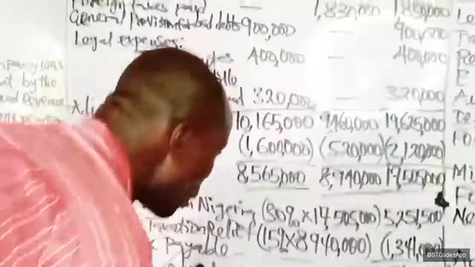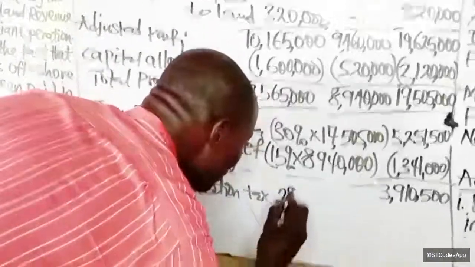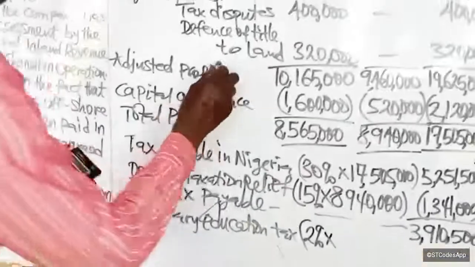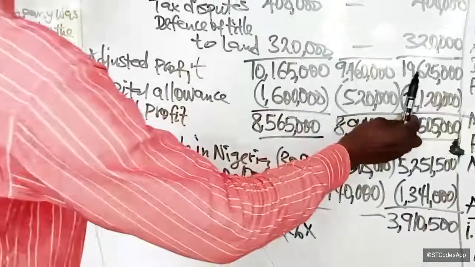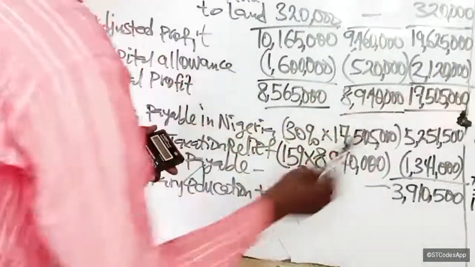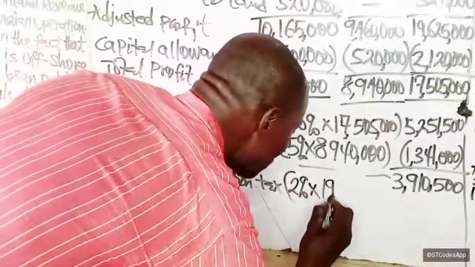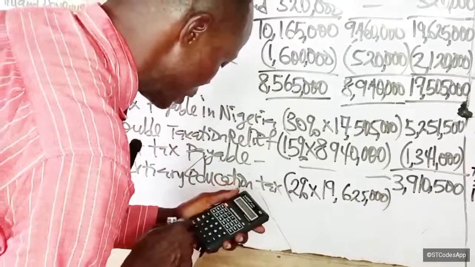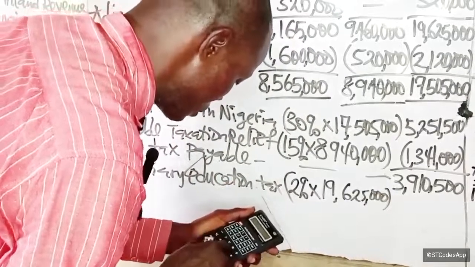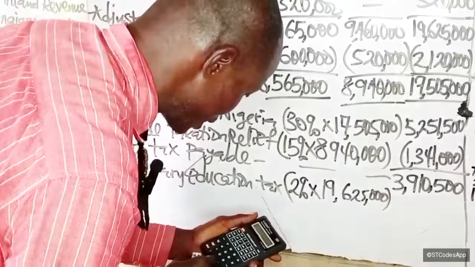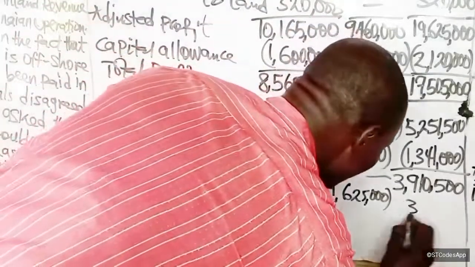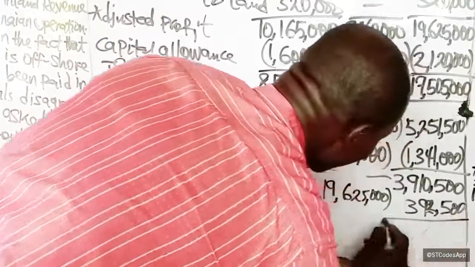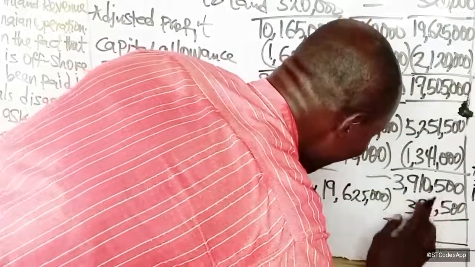So we have 2% of assessable profit. Remember, our adjusted profit is the same as the assessable profit, and that is 19,625,000. 2% of 19,625,000 gives us 392,500. There is no retrospective application of Finance Act principle.